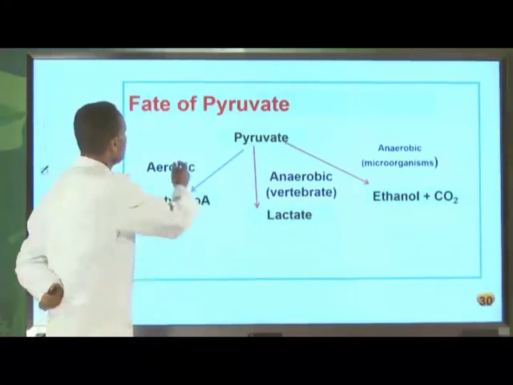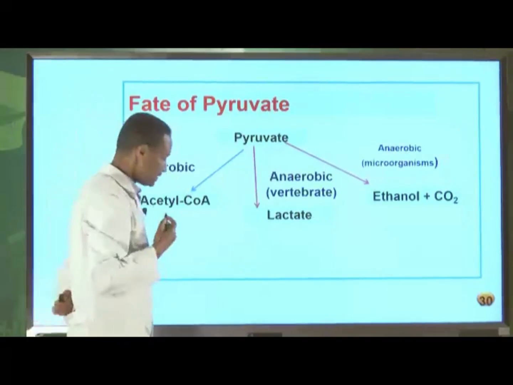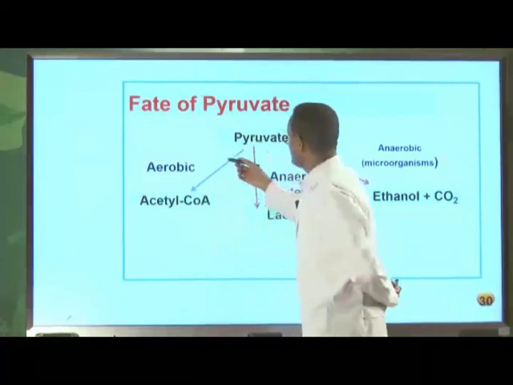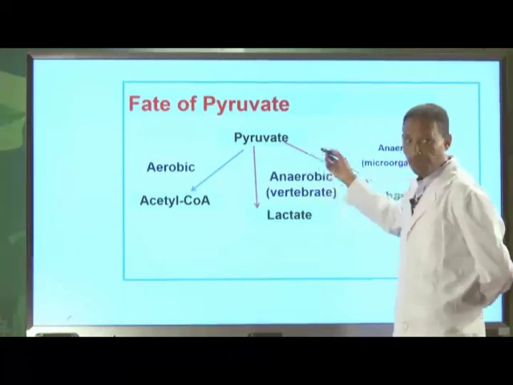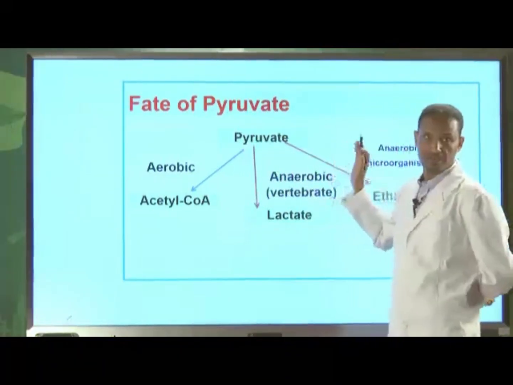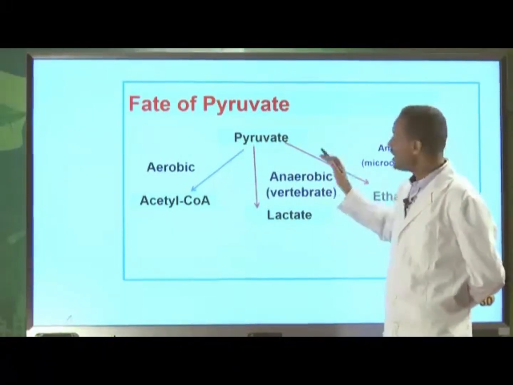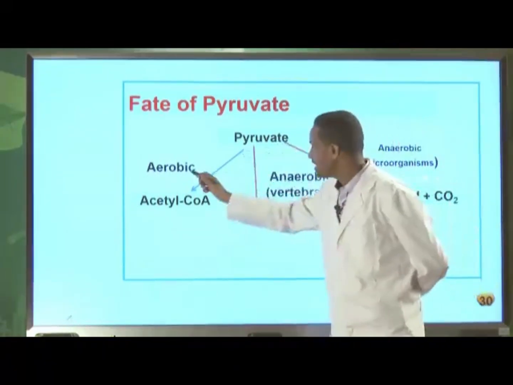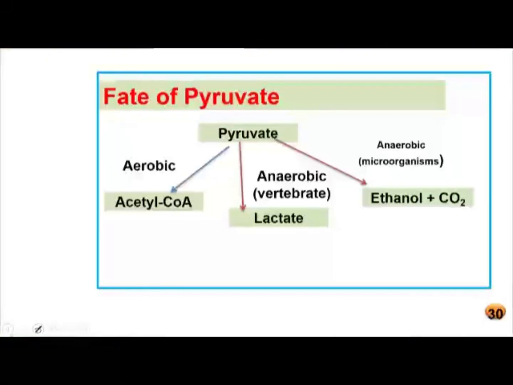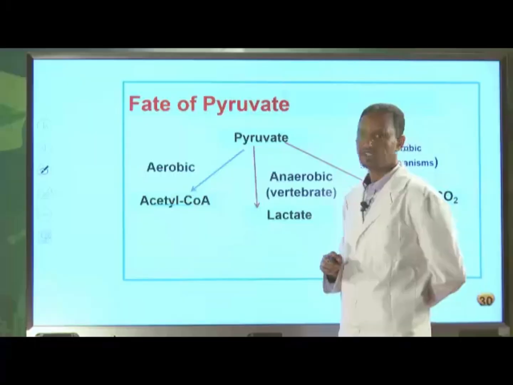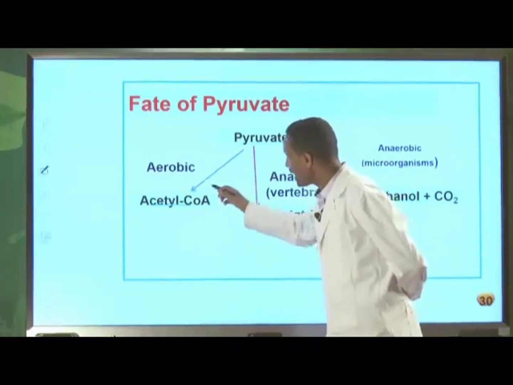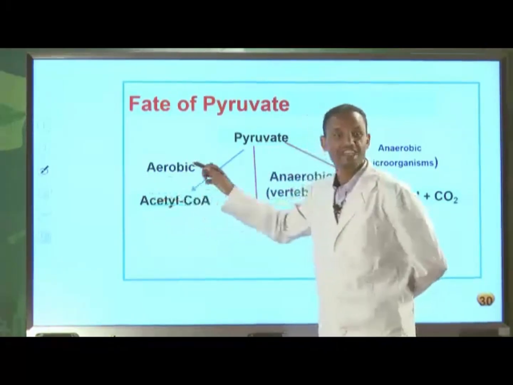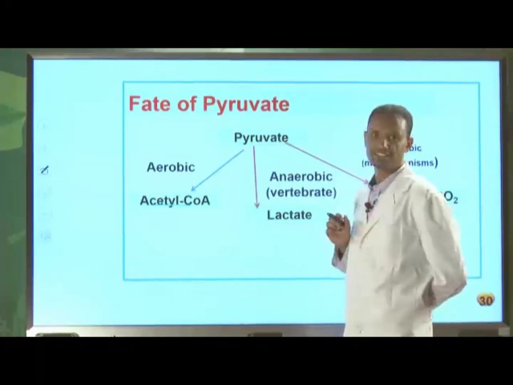The fate of pyruvate is determined by the availability of oxygen. If there is plenty of oxygen, in the cells of aerobic organisms, pyruvate can be converted into acetyl-CoA. This acetyl-CoA can enter the second stage of cellular respiration.